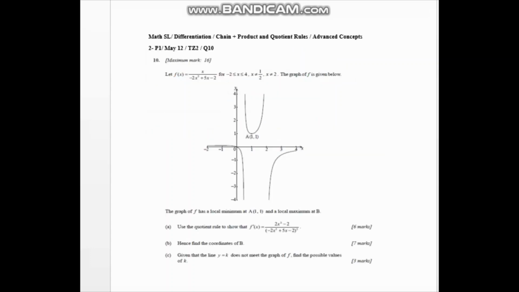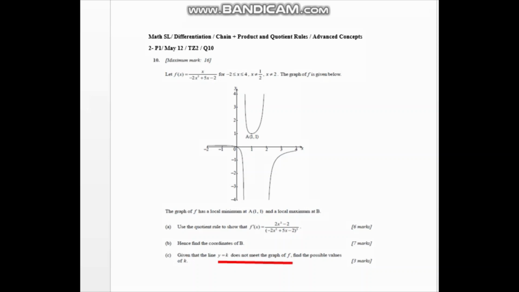So question C says that the line y equals k does not meet the graph of f. I need to find the possible values of k.